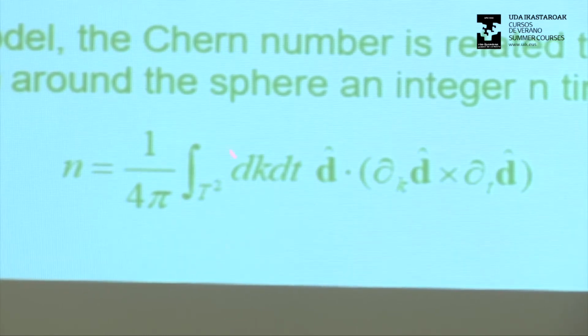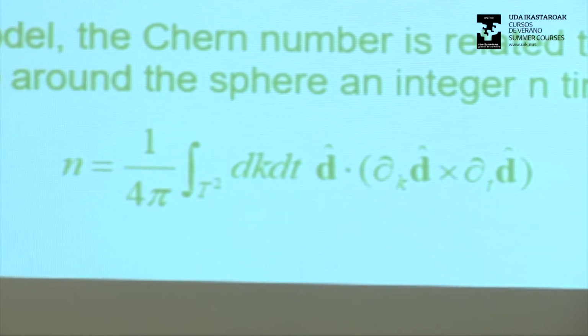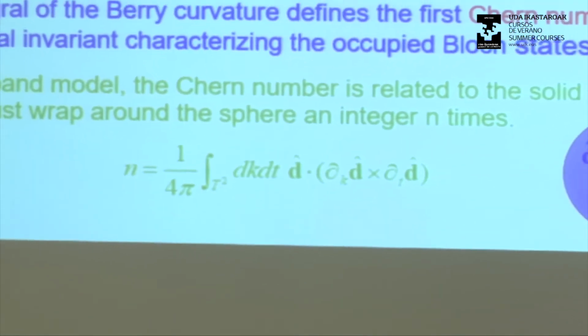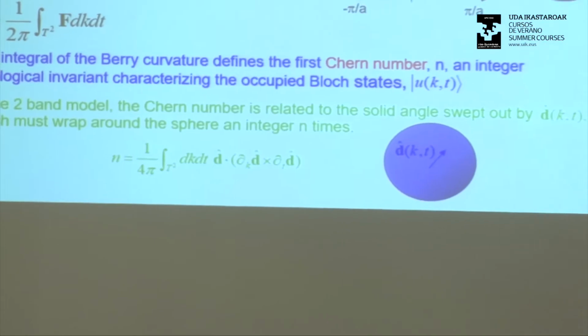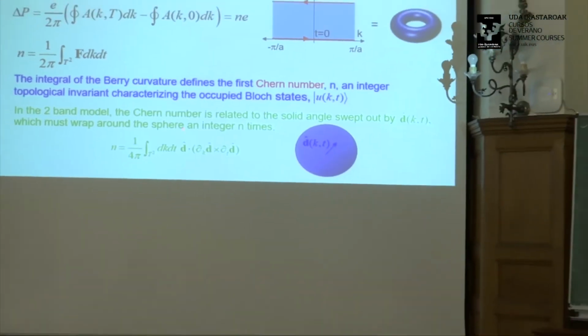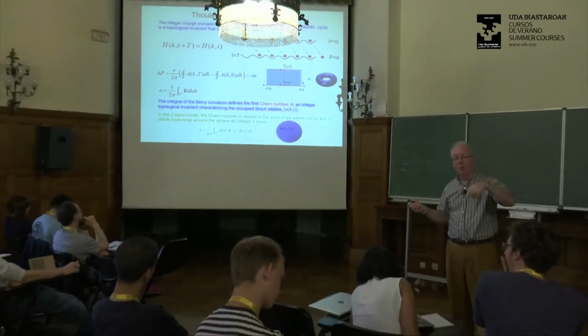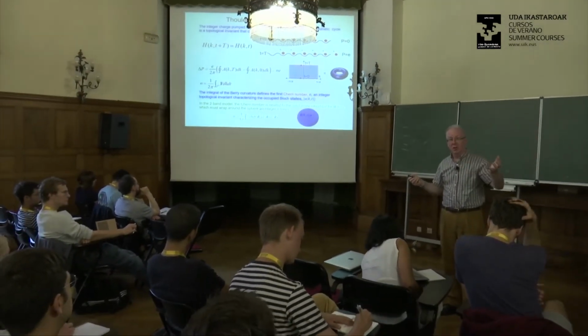And you add them all up, and this gives you a formula for the number of times that d hat wraps around the sphere. So in the two-band model, the Chern number is just the winding number of this d vector on the sphere.